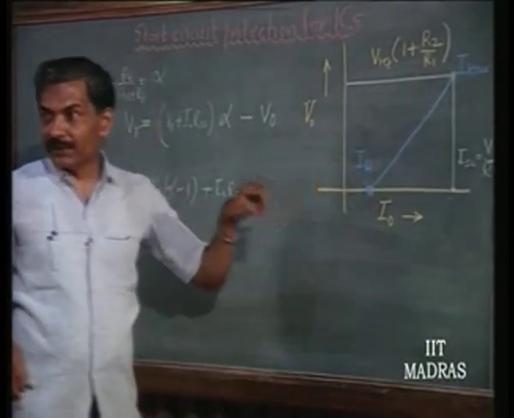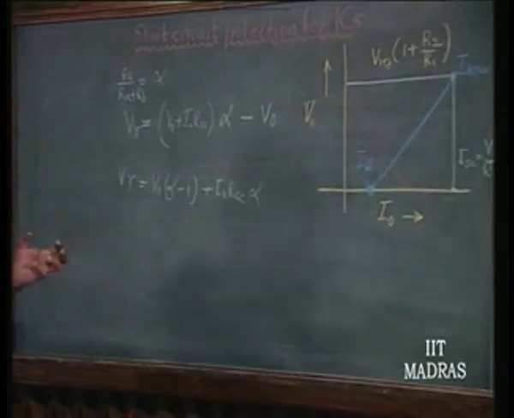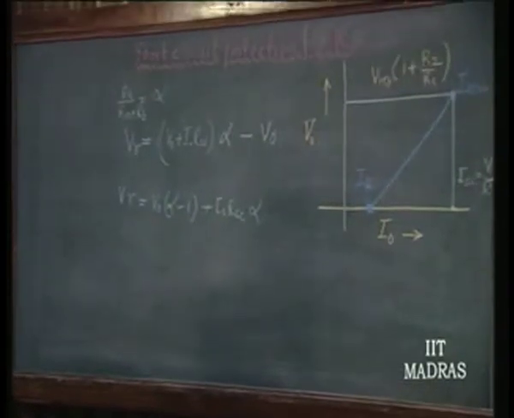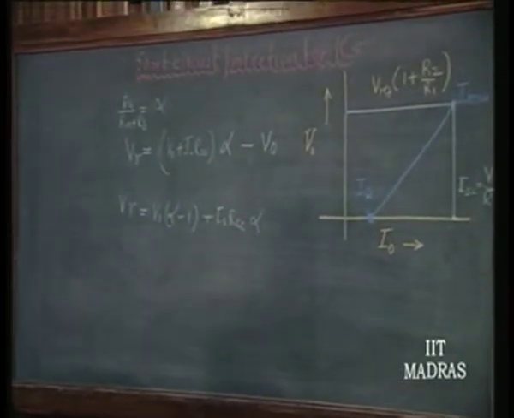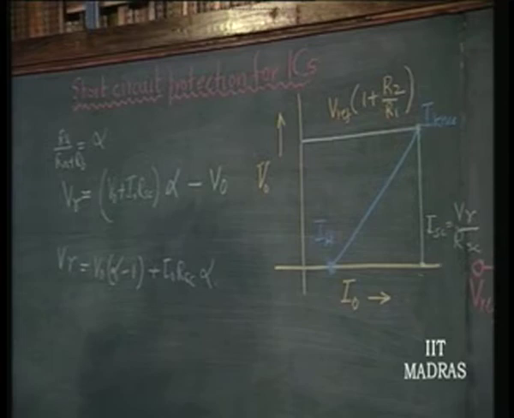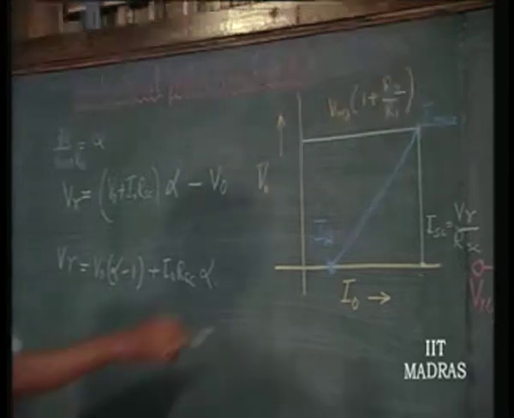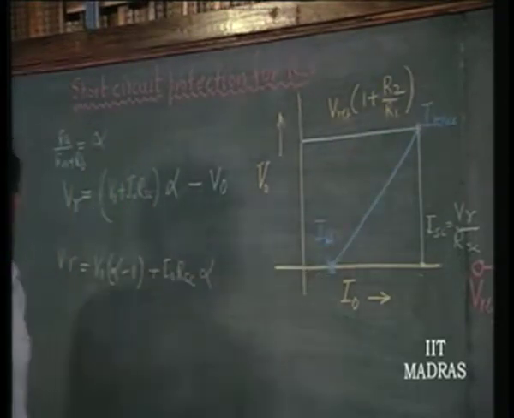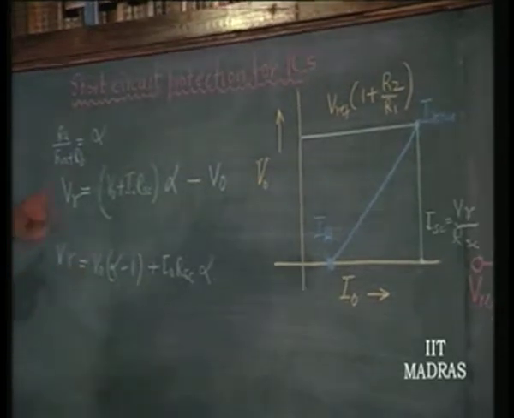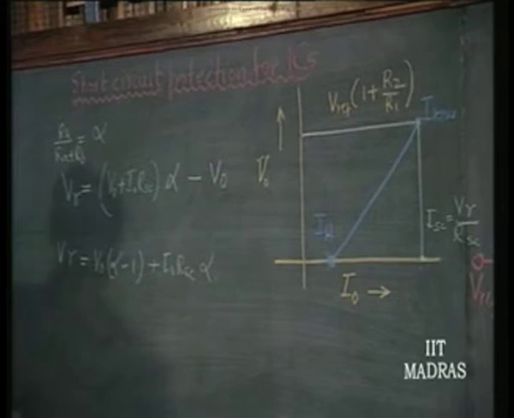That even when V naught is 0, I naught, the other variable, should be able to still hold the transistor which is diverting the current in operation. That is why that current is called the hold current. Now, this is nothing but the equation of that line. Okay. You can see that at one point, what is it?